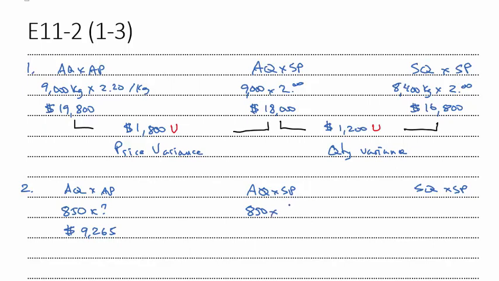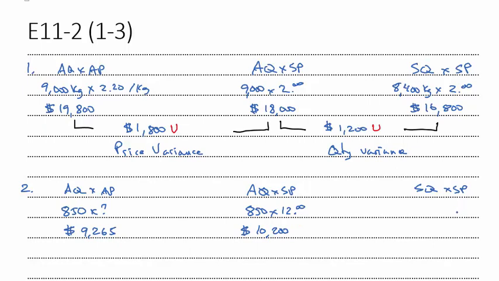So actual quantity 850, standard price. What do we know about labor for 2,000 units? Direct labor, 0.4 hours, $12 per hour. Multiply that out and you get 10,200.